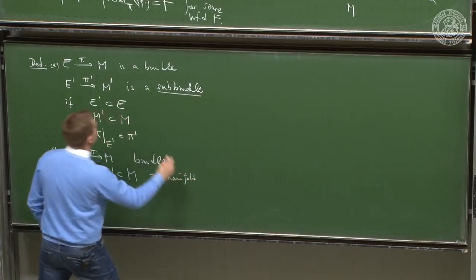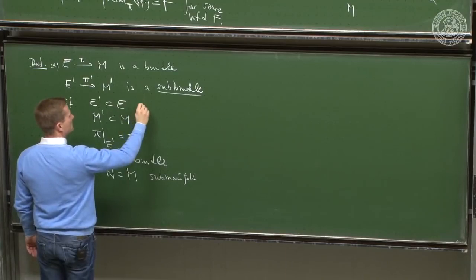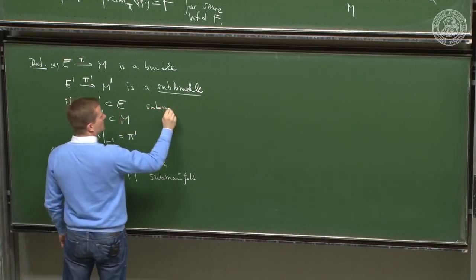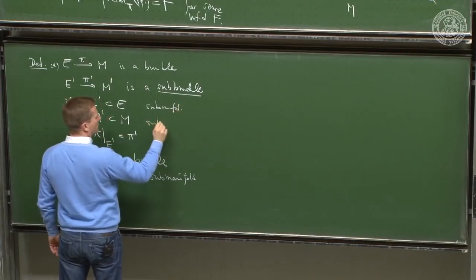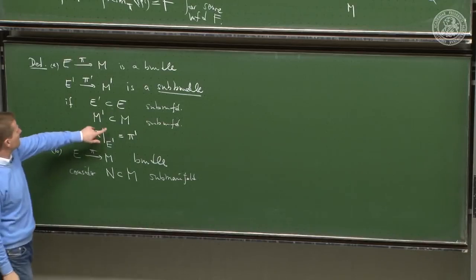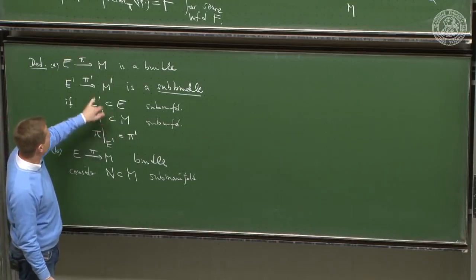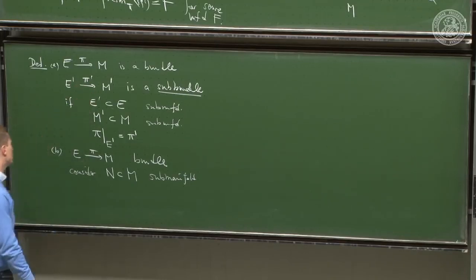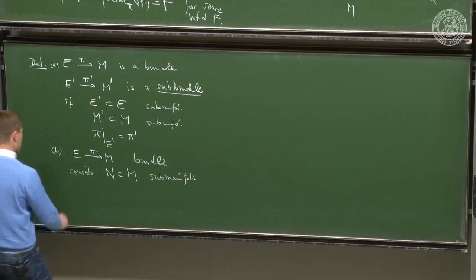And in fact, up here I should have said the same. So these subset symbols are actually supposed to mean submanifolds, because obviously if E' and M' were not submanifolds, you couldn't speak of a bundle here.